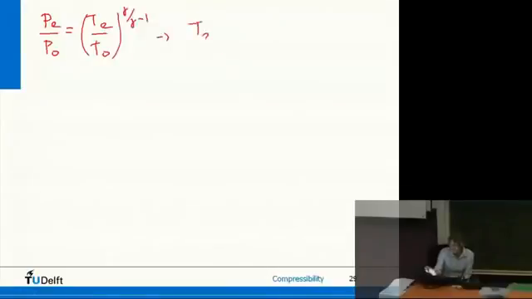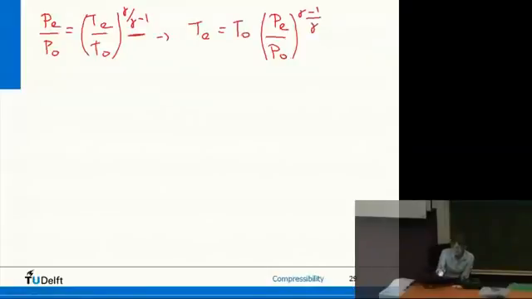So TE is equal to PE over P0, and we have to then take this to the power gamma minus 1 over gamma to get rid of the power, right? Because if we do this to the power gamma minus 1 over gamma, we then have the power 1 here, and there we get to the power gamma minus 1 over gamma times T0.